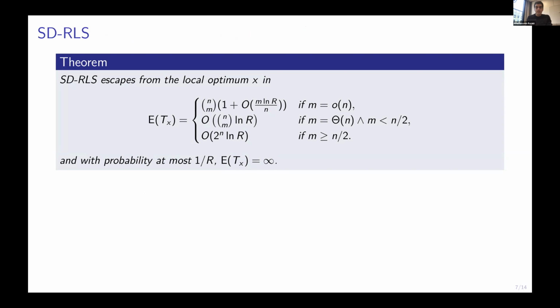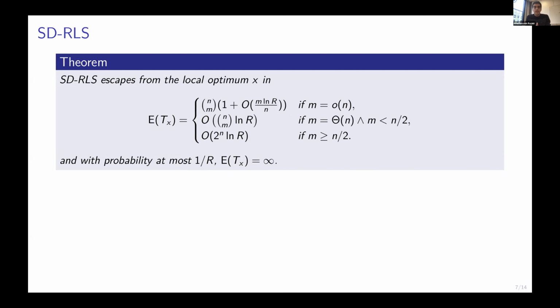As we've seen, the algorithm can make progress with probability 1 minus 1 over R. The expected optimization time would be infinity with probability 1 over R. But we can see that the optimization time is n choose m, which is very good for a relatively small jump size.